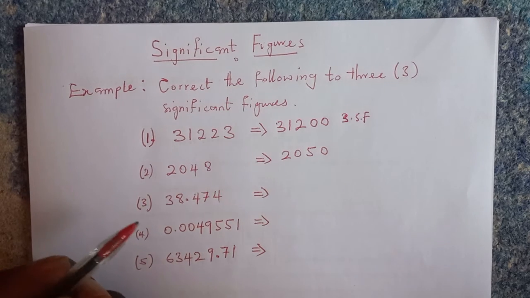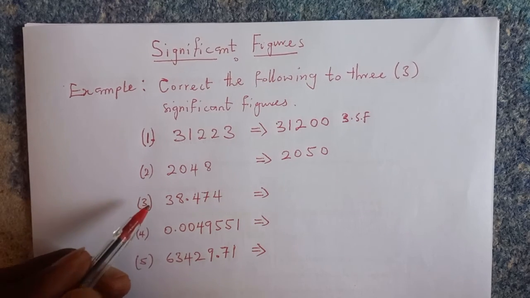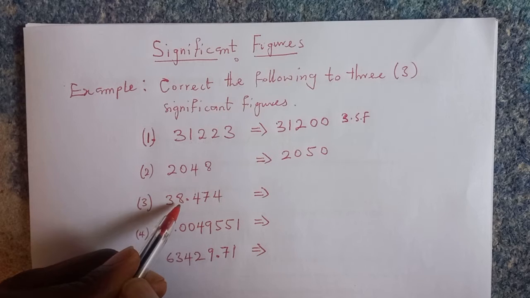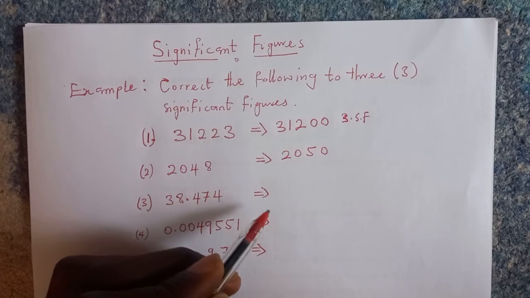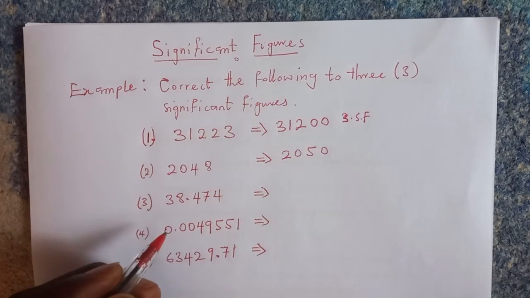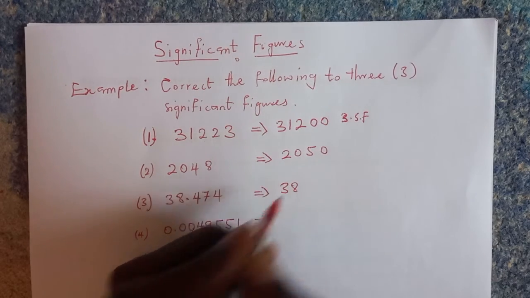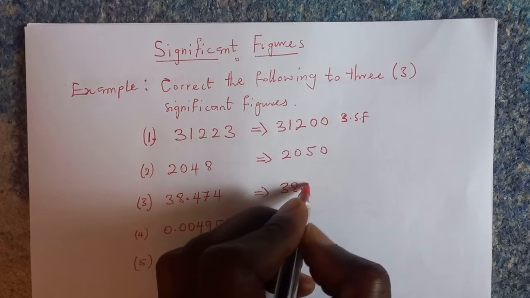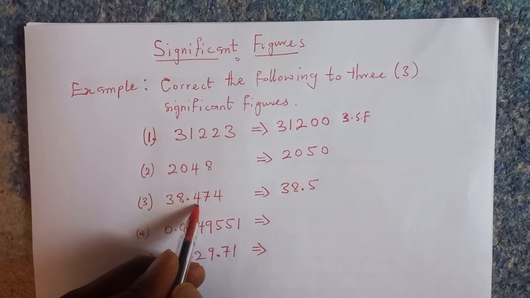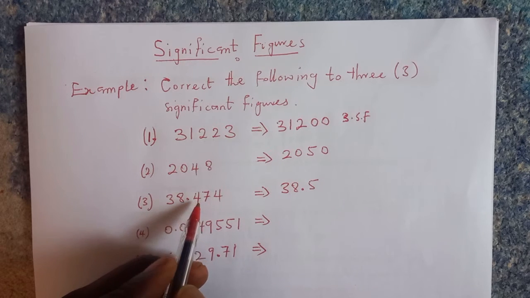All right. In our third example, our first significant value is 3, second is 8, the third is 4, in that order. So if we want to write this in three significant figures, this would become 38.5. Now, the value after the 4 is greater than 4, just as I said earlier in the second example.